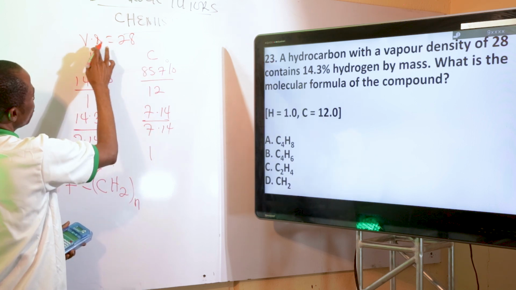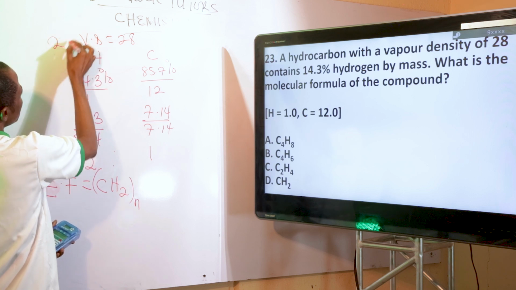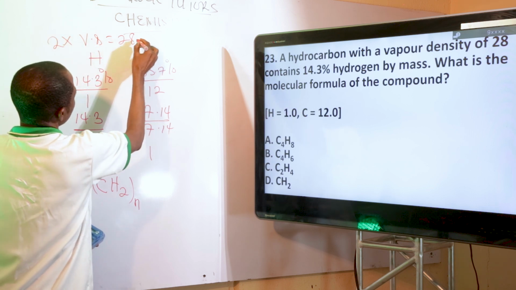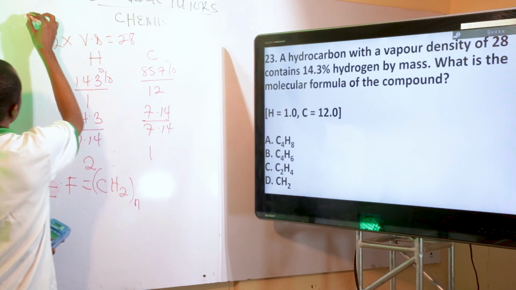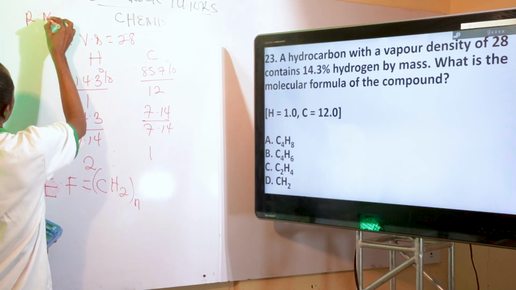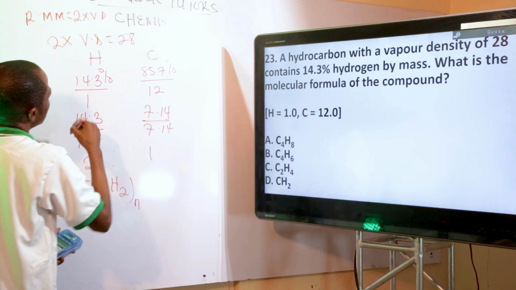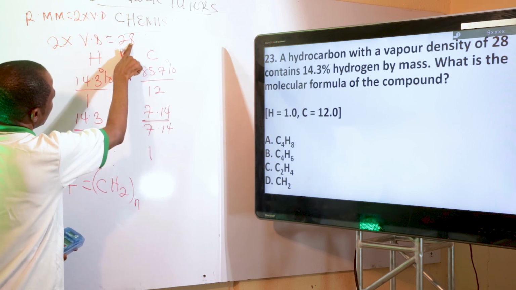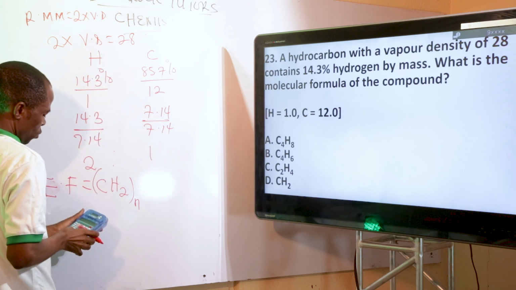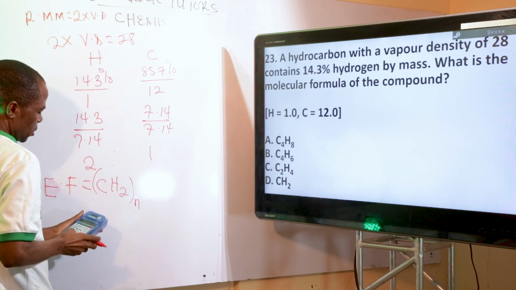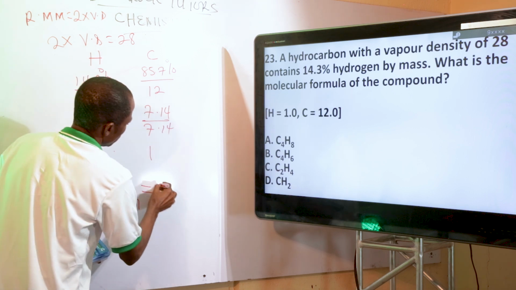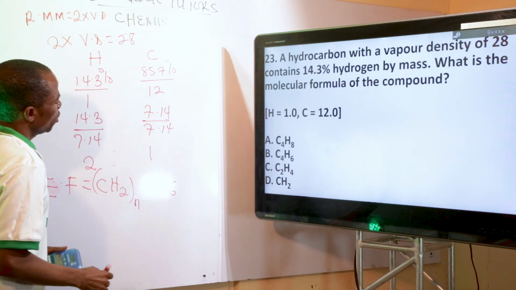Don't forget that 2 times vapor density will give us the molecular mass, that is, the relative molecular mass is equal to 2 times the vapor density. So, if the vapor density is 28 here, multiply 28 by 2, that's 56. That gives us 56. What do we do?